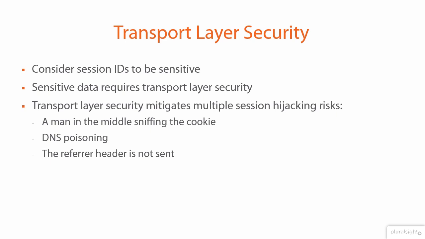But there's also this last point, and I demonstrated that earlier on in the course as well: having the referrer header sent to external sites. In fact, I showed how problematic that could be when session state was persisted via the URL, because effectively you're sending the session ID to arbitrary external third parties. Let's now go and have a look at how that changes when content is loaded over HTTPS.